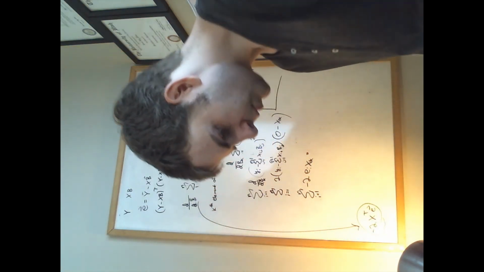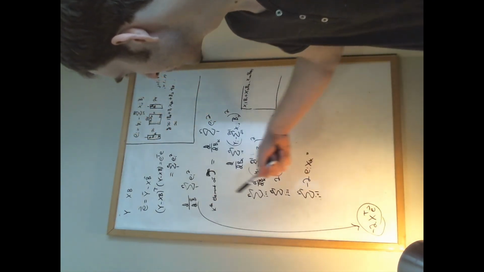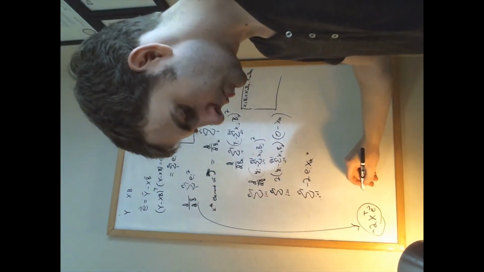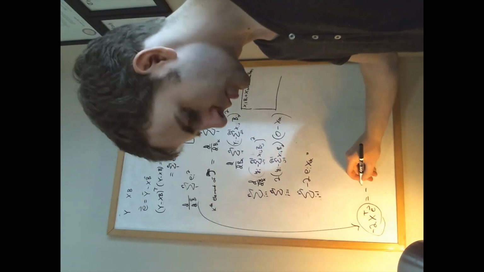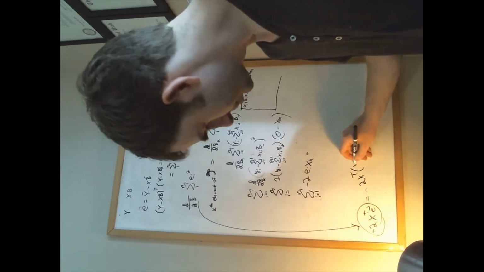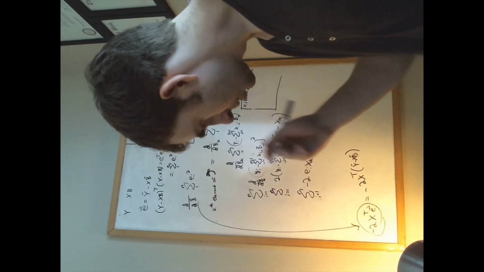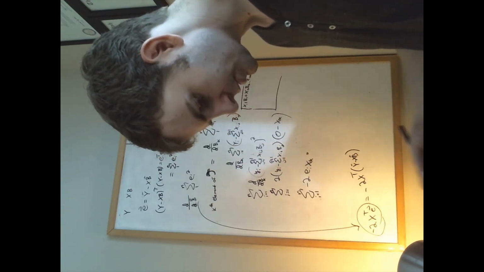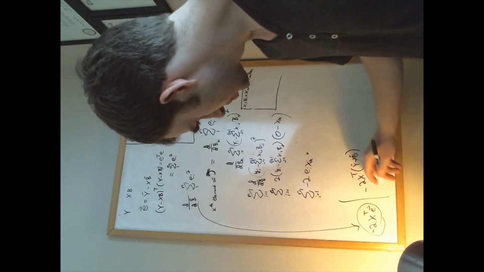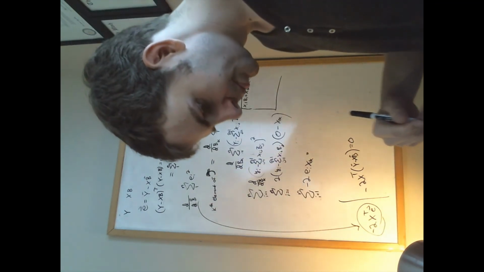First I'll note that the e vector, we already know, is simply the y vector minus X beta vector. I'm going to write that here because that's the final form that we want it in. We'll see why. So we're going to set this equal to 0, and we'll do some solving.